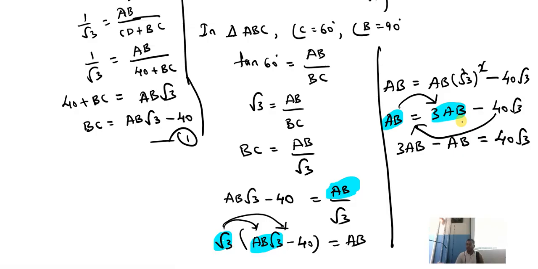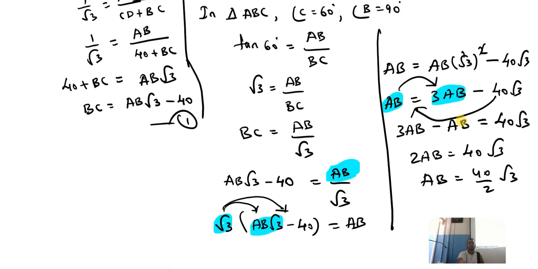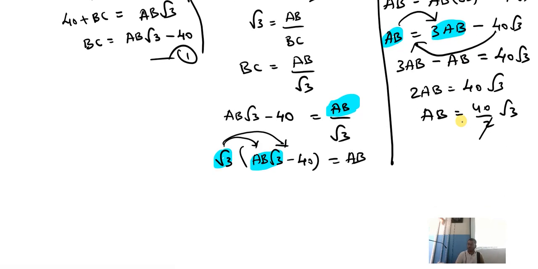Now 3AB minus 1AB, 2AB, is equal to 40 root 3. Then AB is equal to 40 by 2 into root 3. Two twos are 20. The value of AB is 20 root 3 meters.